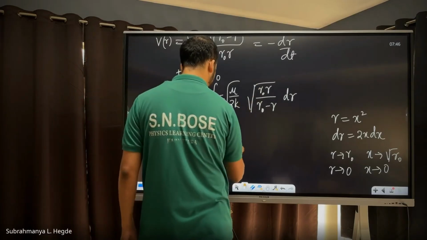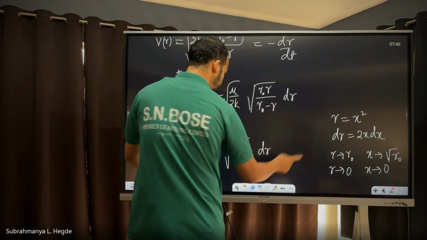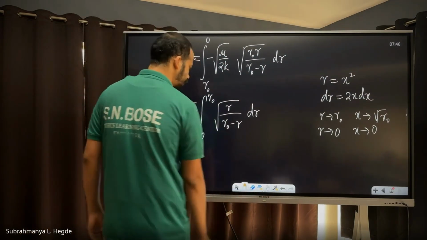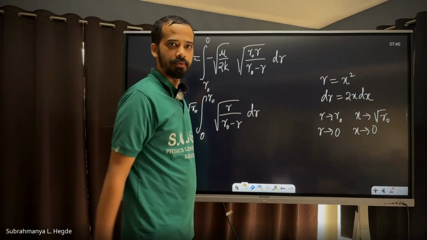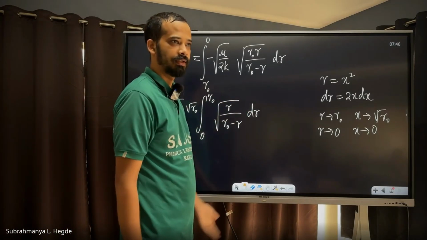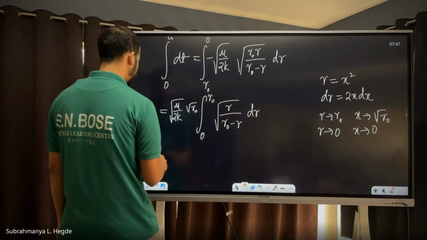Here, so root of r by r naught minus r dr. Now you do the substitution. After this one, I also don't know what to substitute, but I have seen his integral, then I guessed. So that must be the substitution.